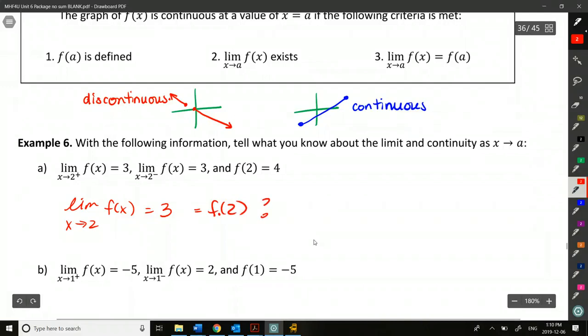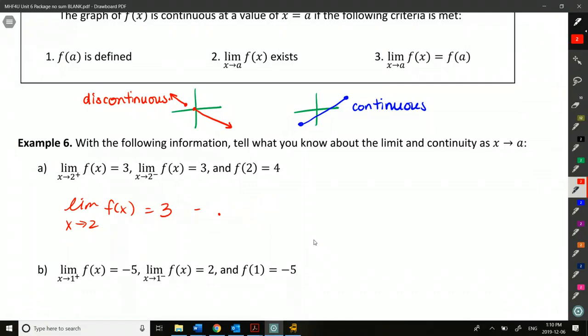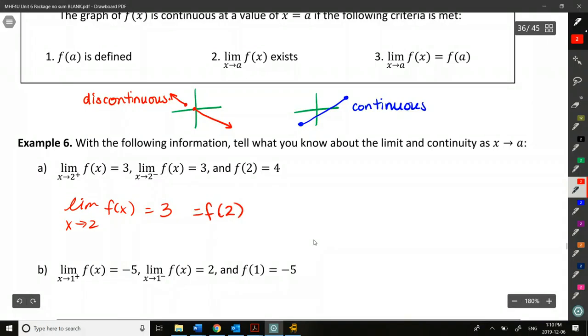Is 3 equal to f at 2? It does not. Well, what's f at 2? What does the question tell us? 4. So is f at 2 equal to 3? So these things are not equal, right? So condition 3 is not met. So the limit exists, but the function is discontinuous.